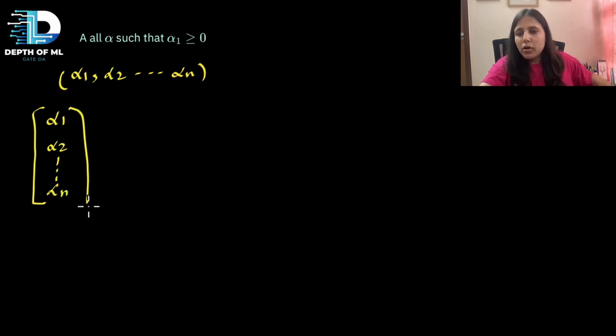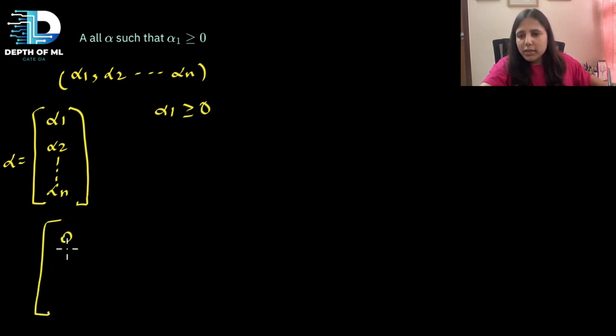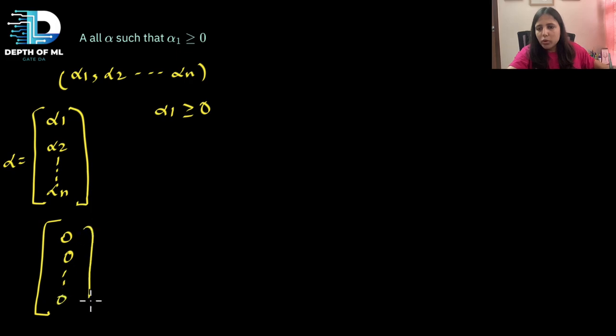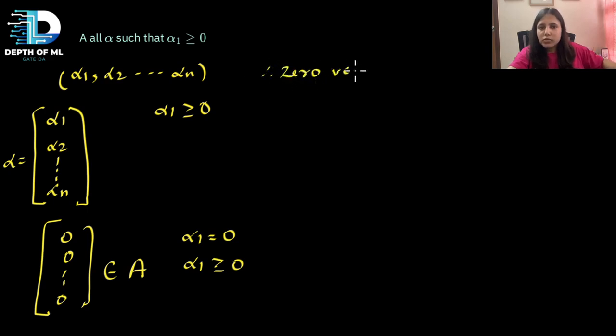Now it's saying that all such alphas such that alpha 1 is greater than or equal to 0. Can I see that the 0 vector belongs to this set? It does, right? Because alpha 1 equals 0 and alpha 1 should be greater than or equal to 0. So therefore the 0 vector is in the subspace.